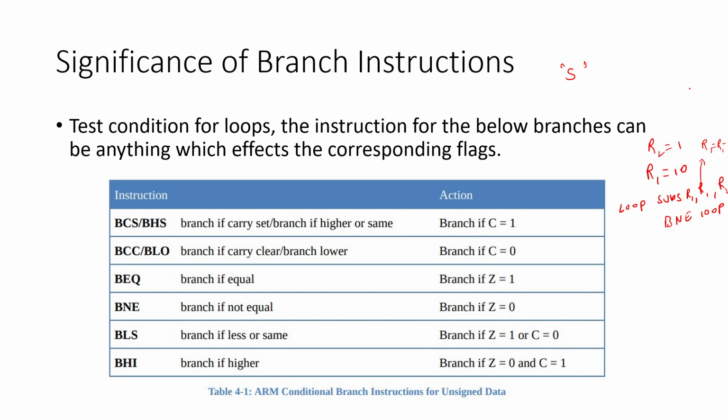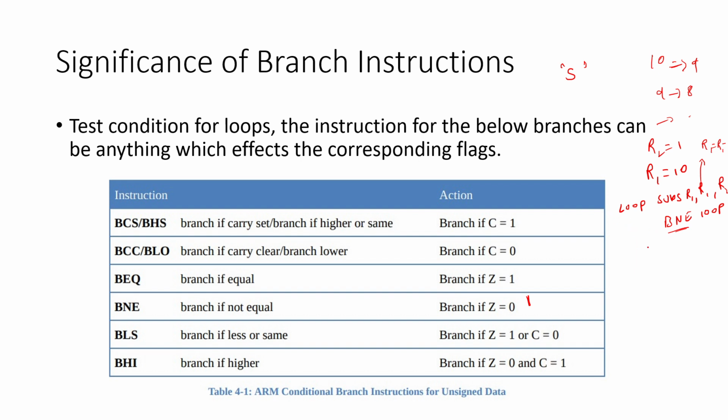So what will happen here? The first time, SUBS makes 10 become 9, 9 will become 8, 8 will become 7, until this becomes 0. BNE is nothing but branch if not equal. That is, if Z is equal to 0, it will branch. If the preceding instruction results in a value which is 0, Z becomes 1, then the branching will not happen.